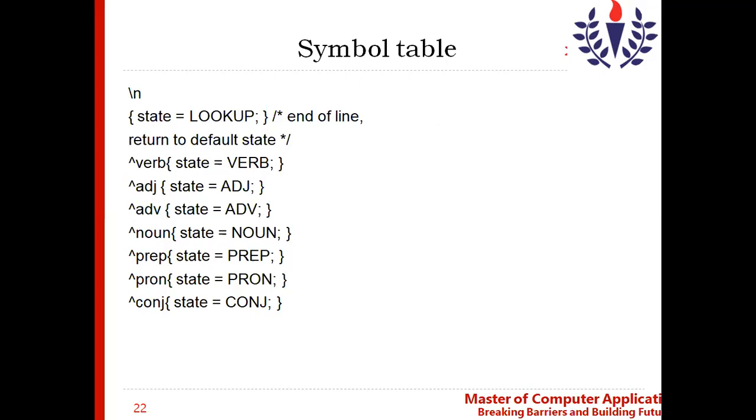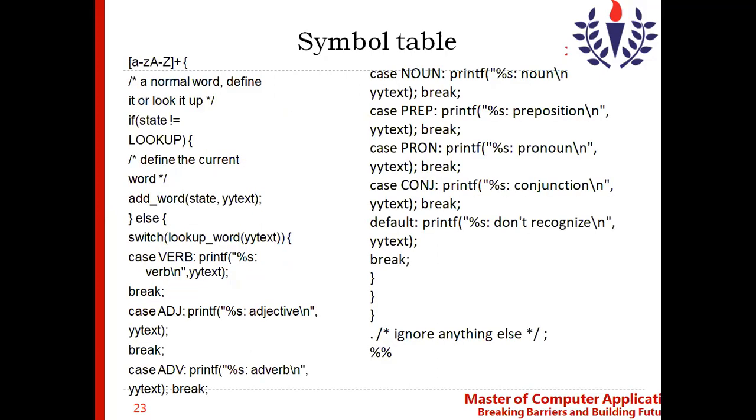Suppose the line starts with verb, then it will be matched, and in that case state is equal to verb. Otherwise, if the line starts with adjective, then state is equal to adjective. So based on that, the state value will keep changing. Depending on what type of word you give, the state value will be changed.